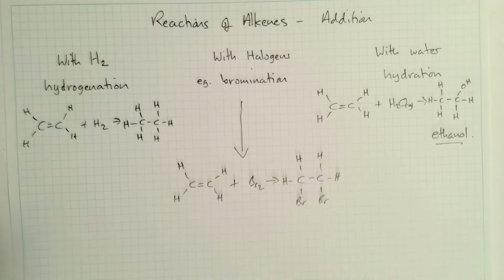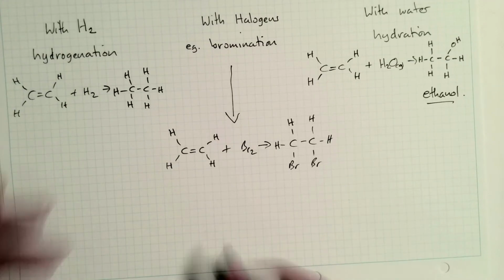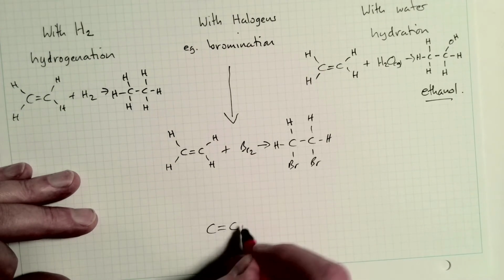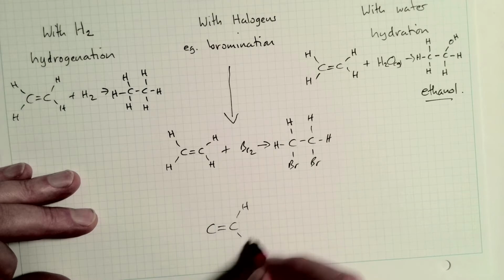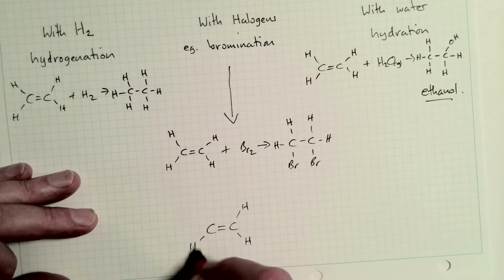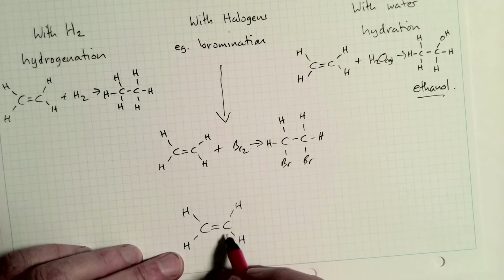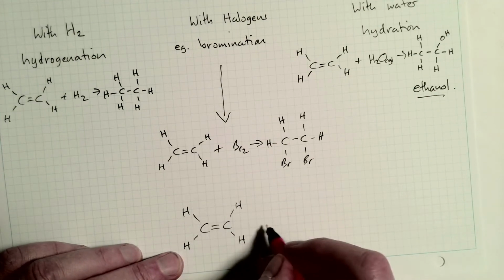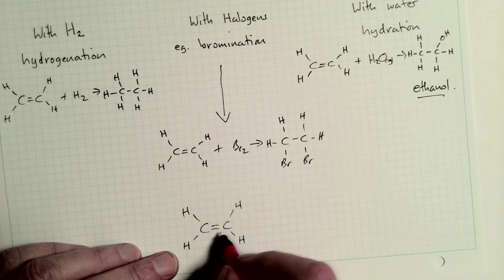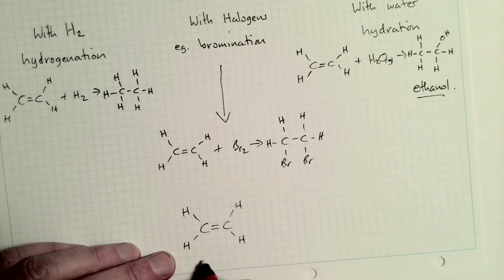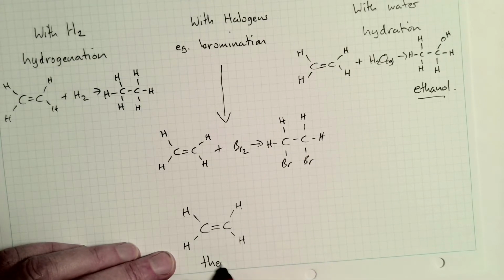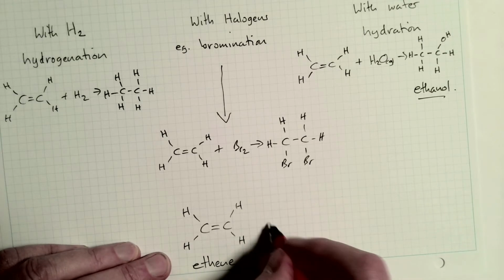There's just one more reaction actually before we finish. If I take two of these things, I can break that off and I can get it to join to another one. So this is ethene, plus another ethene.